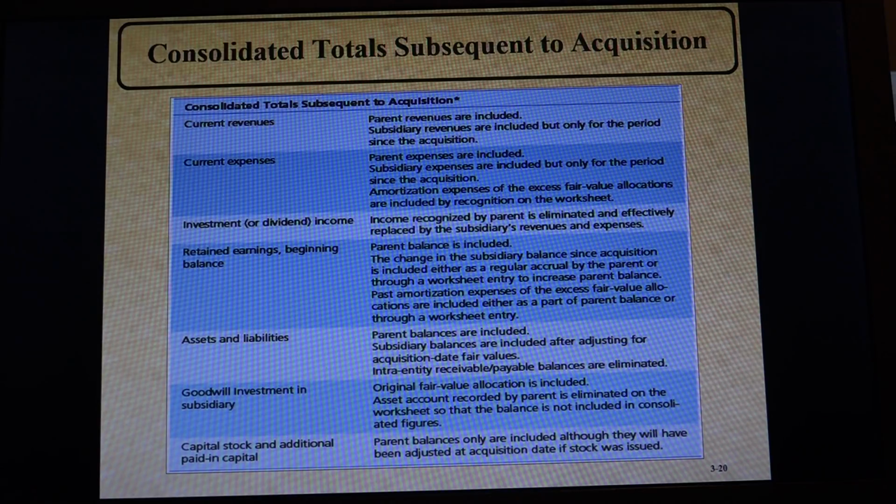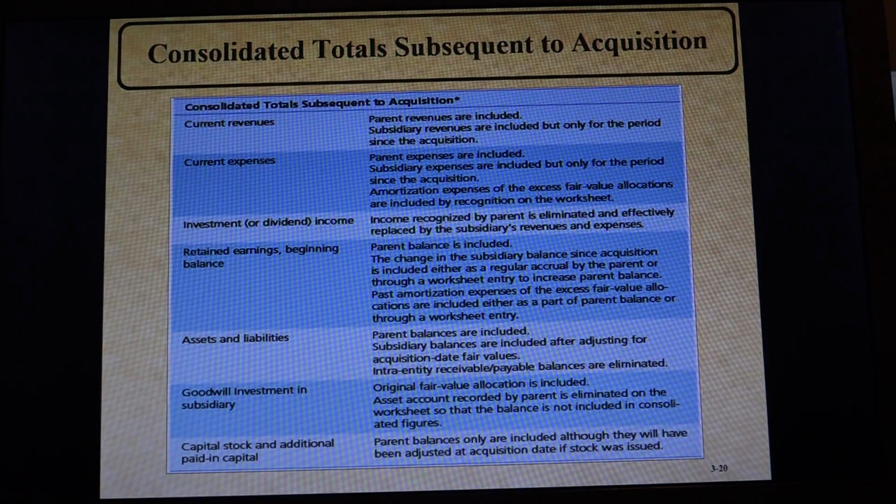It's the same entry we saw earlier. You're going to debit amortization expense, credit patented technology. Here you're going to increase. You've got a negative amortization situation, so you're debiting equipment and you're crediting depreciation expense.